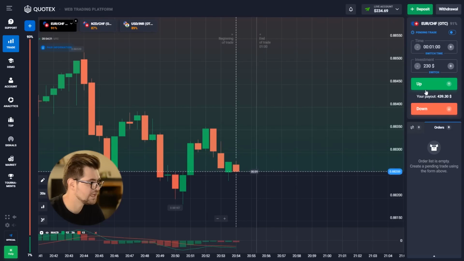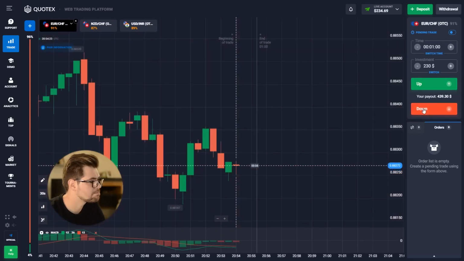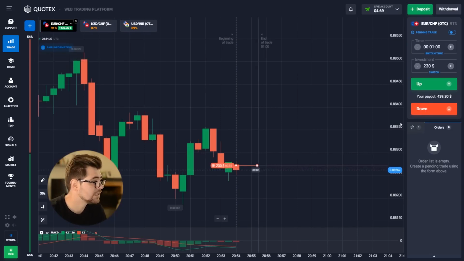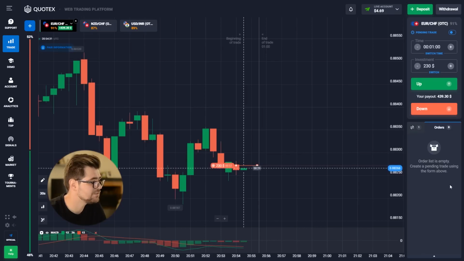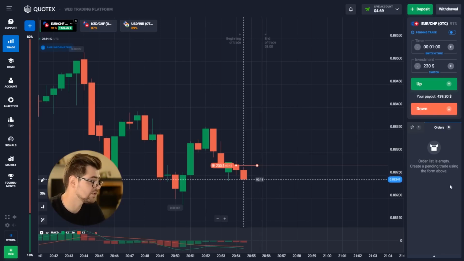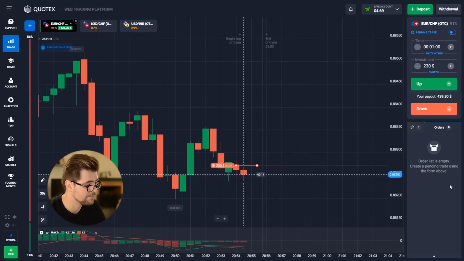Let's go with the put option, because I don't think the price is going up yet, because you see it did not cross. The green line crossed the orange line down, and the price was going down most of the time, and it didn't cross it back.